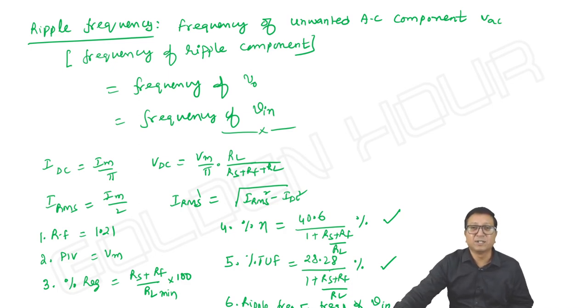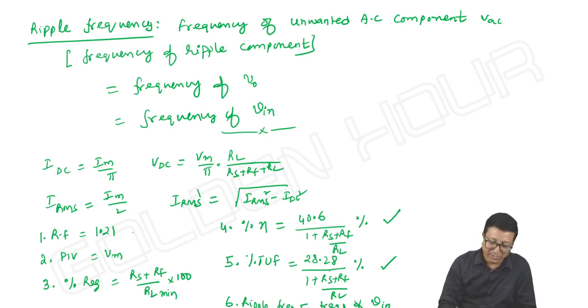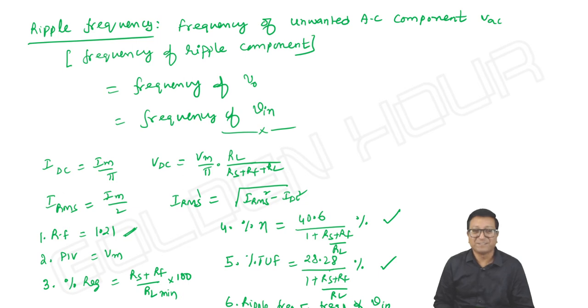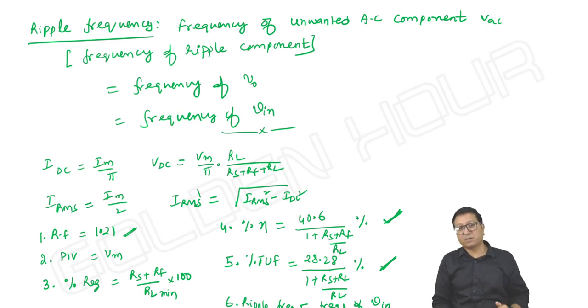That's about the half wave rectifier. And what are the difficulties here? Ripple factor is very large. We are expecting that to be as small as possible. And conversion efficiency or transformer utilization factor are also very low. I have to reduce the ripple factor and improve the conversion efficiency.